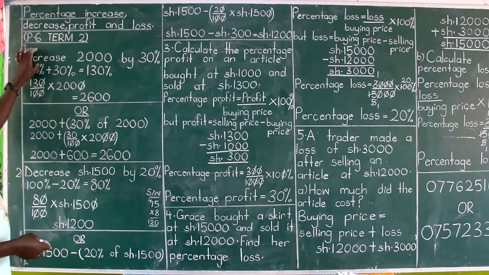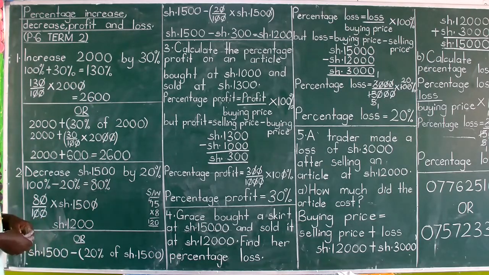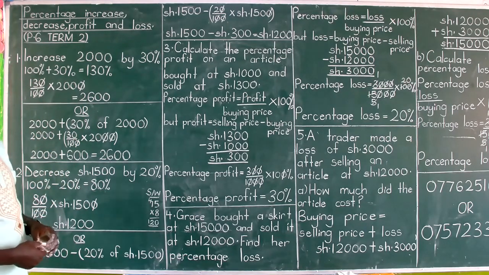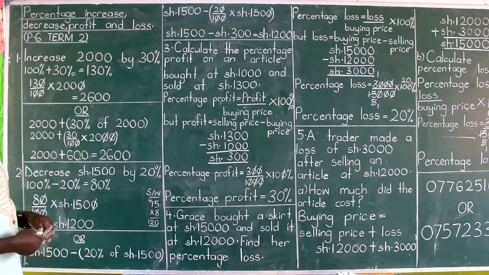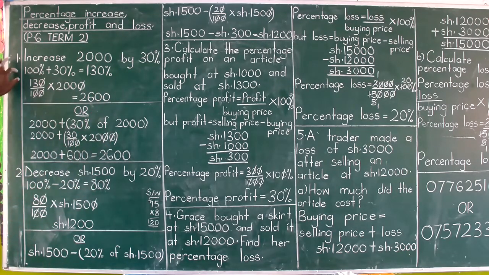Like I said before, to increase is to add value to the existing quantity, so I get a greater one. The original percentage is 100%. So when we increase by 30%, it means you add on the 30%, so 100% plus 30% is equal to 130%.